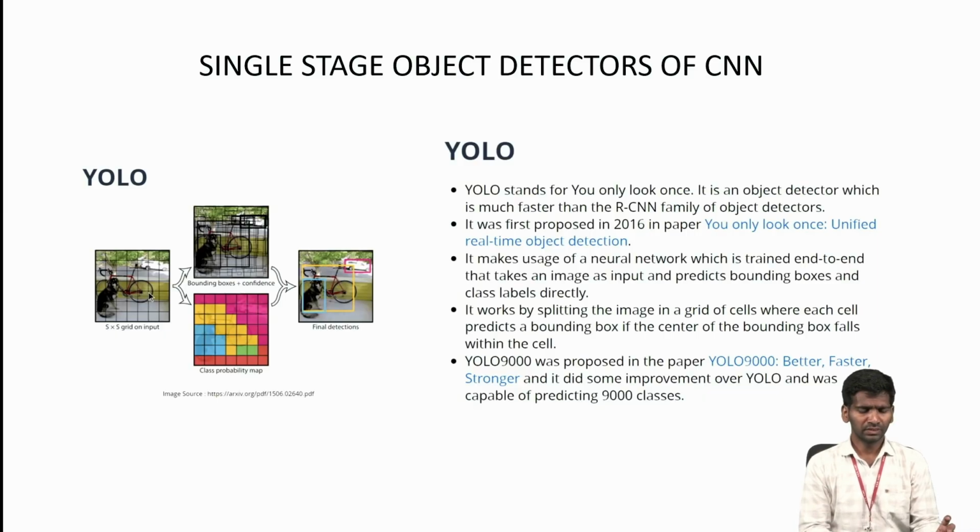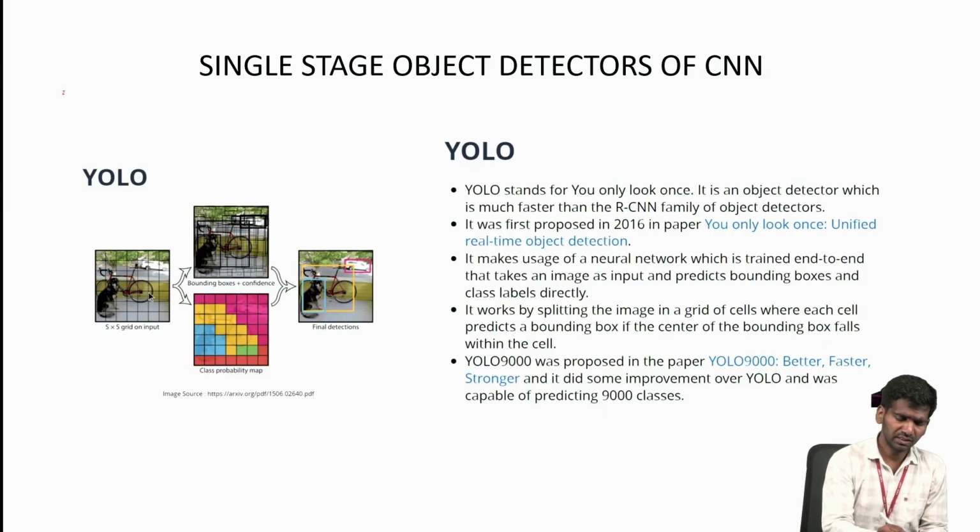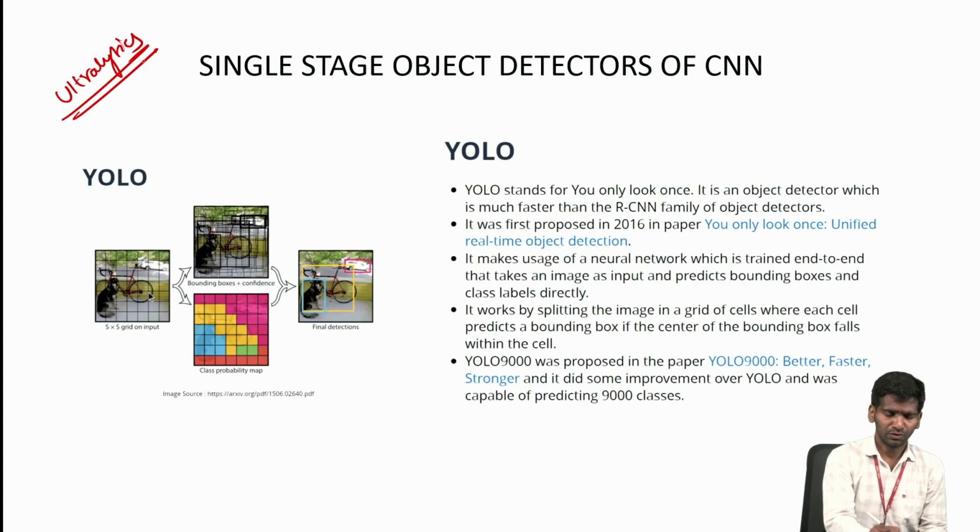Then we'll come to single-stage detectors. In single-stage detectors, YOLO is one of the popular algorithms, and it was introduced by Ultralytics. The Ultralytics company designed this YOLO. We have versions like YOLO 3, YOLO 5.